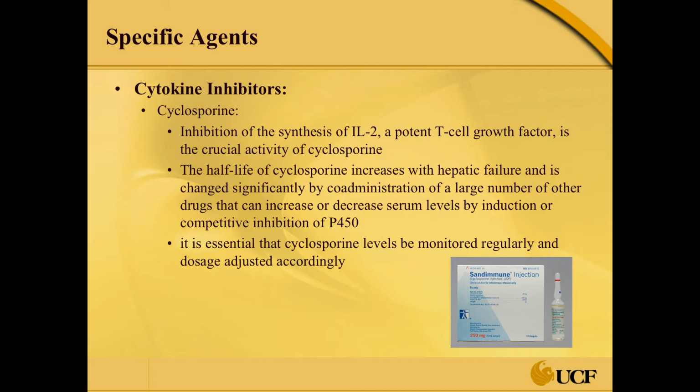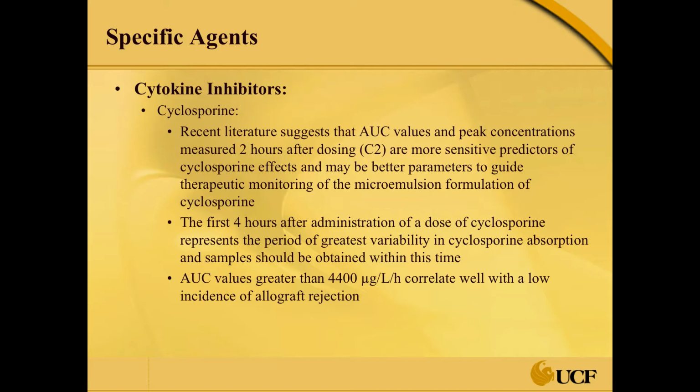The half-life of cyclosporine increases with hepatic failure and is changed significantly by co-administration of a large number of other drugs that can increase or decrease serum levels by induction or competition of the P450 enzyme system. So it's essential that cyclosporine levels be monitored regularly, and then we adjust the dose accordingly based on the levels the patient presents with.